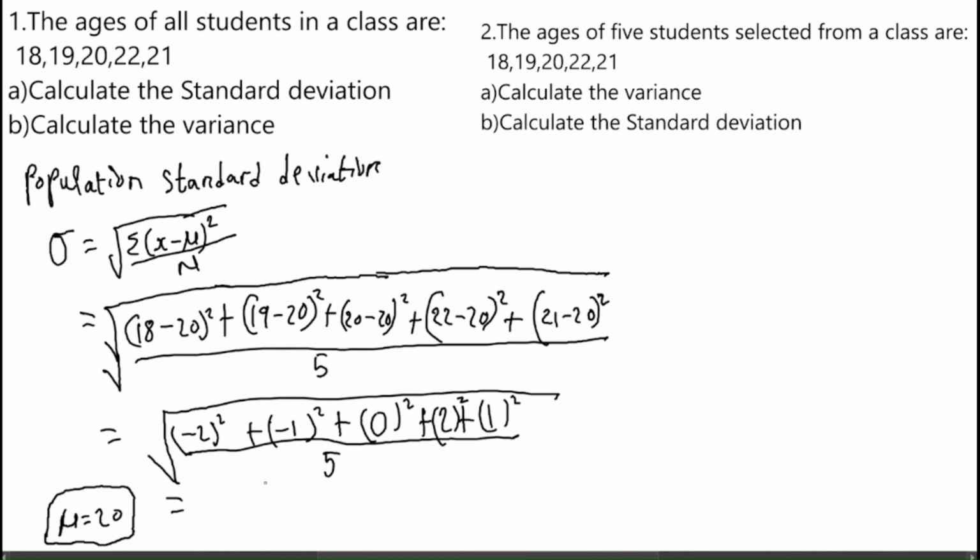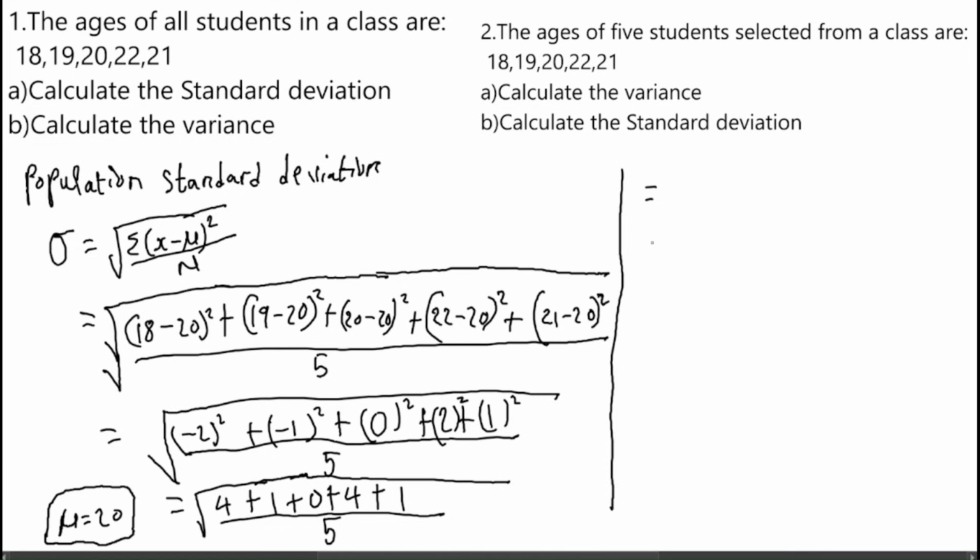So that is going to be equal to the square root of negative 2 squared is 4, plus negative 1 squared is 1, plus 0 squared is 0, plus 2 squared is 4, plus 1 squared is 1, then divided by 5.